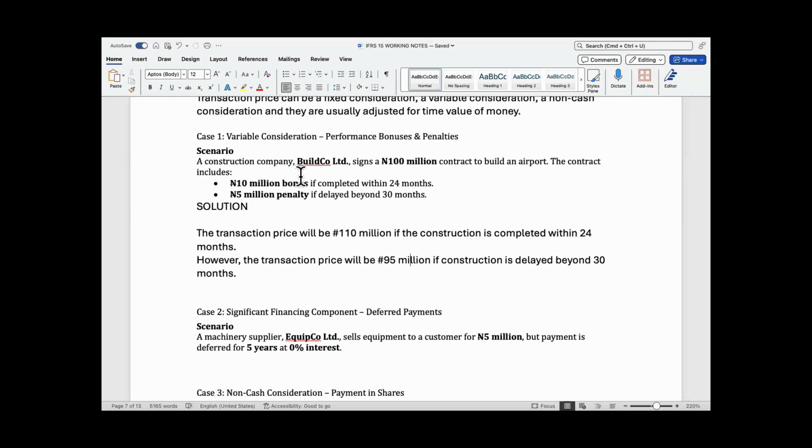But they told us that if you complete within 24 months, that's when they will give you bonus. So he now said, what if it's 25 months? You won't collect bonus, because that means you didn't complete it within 24 months. So there's no way they can give you bonus anymore. If you complete it within 25, that means you are late. Bonus is gone. So that's how that would work.